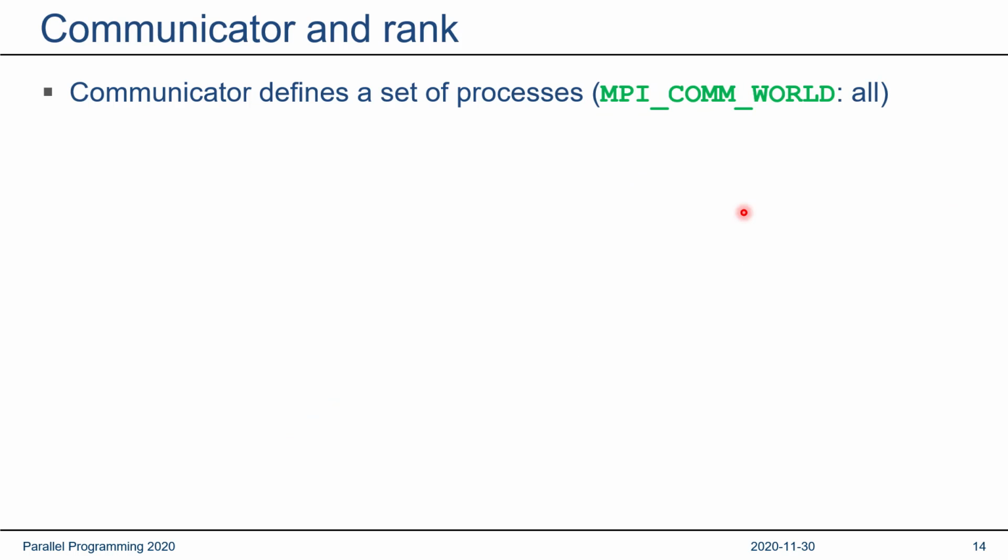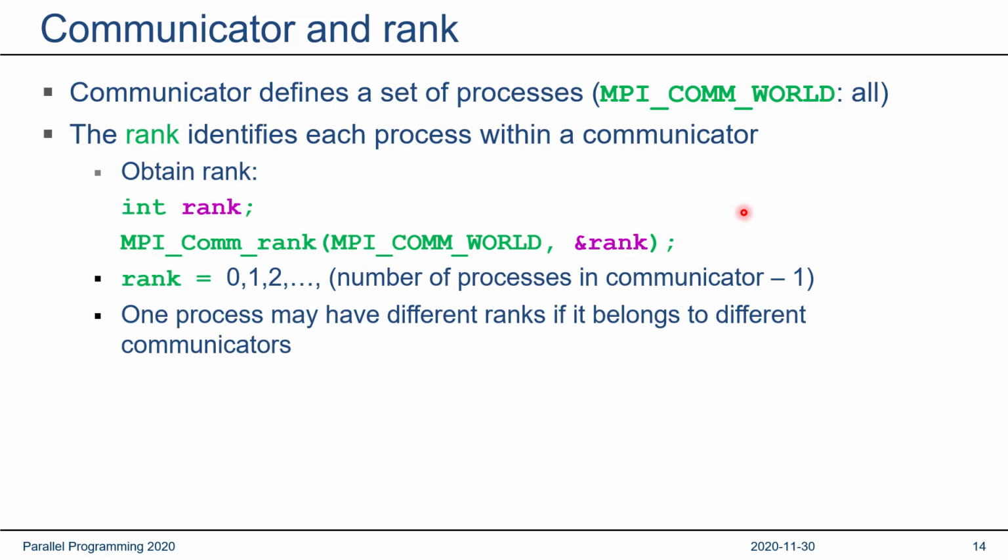Now, this communicator and its set of processes, so MPI_COMM_WORLD meaning all processes, is defined at the beginning. Within the communicator, we have the rank, and of course the rank is the basic feature of MPI that lets you decide what a specific process should do. In order to obtain the rank of a process, you call the function MPI_Comm_rank. The rank is an output argument in the argument list.